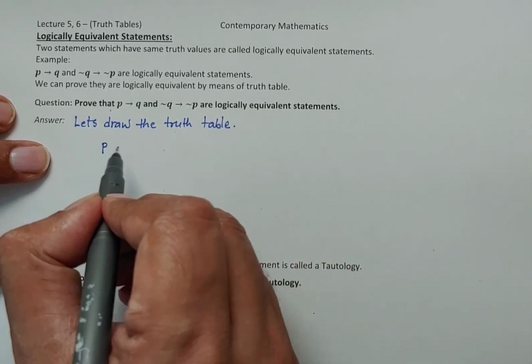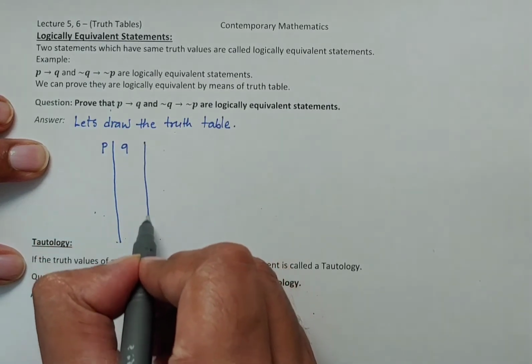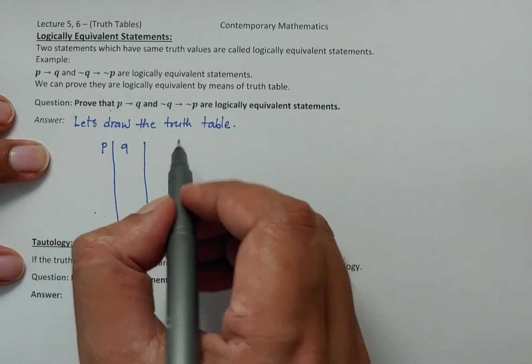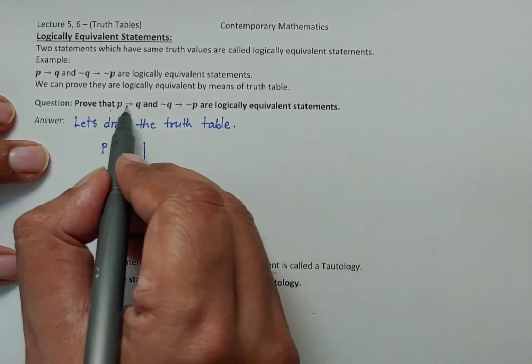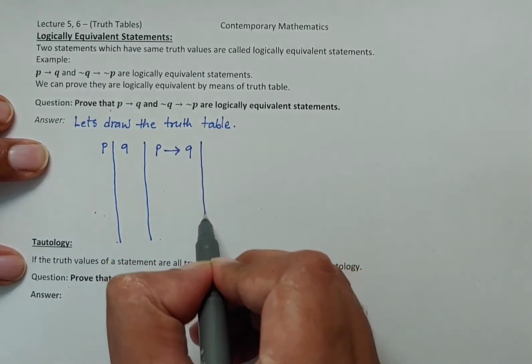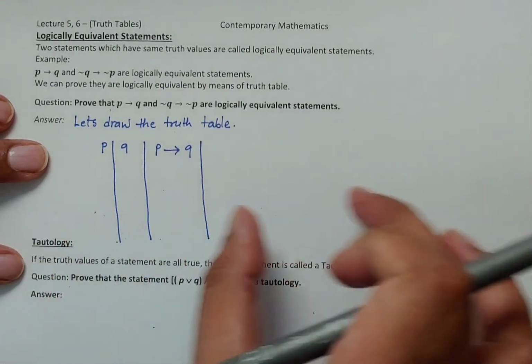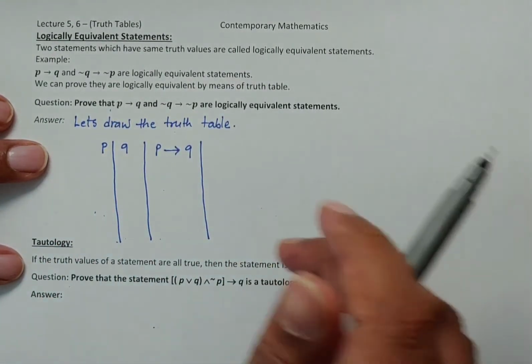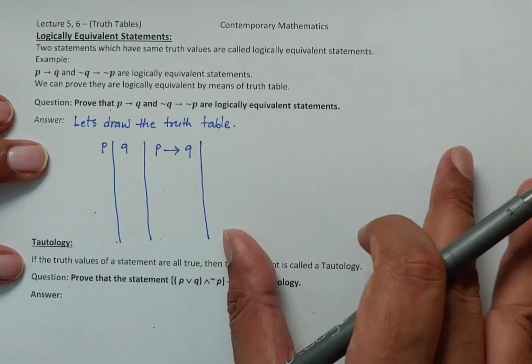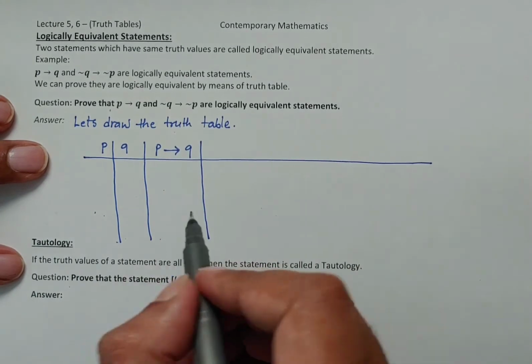So we have to have P and Q. So P, Q, and then let's do this part, P implies Q. We can put both in the same table. We don't have to draw two separate tables. So this is P implies Q.